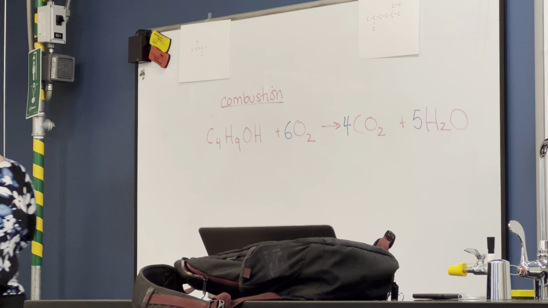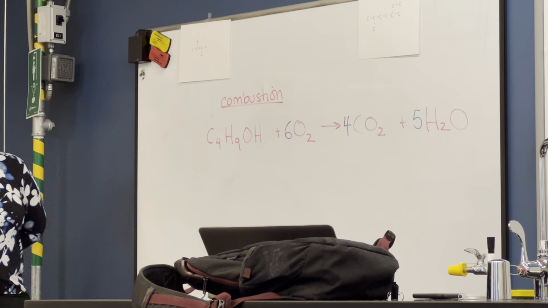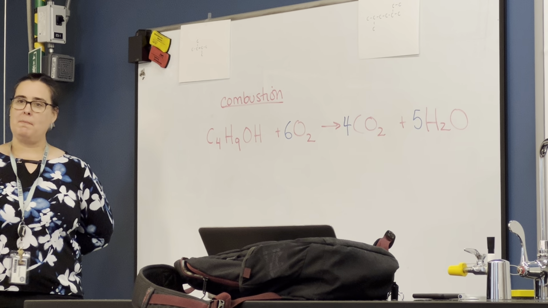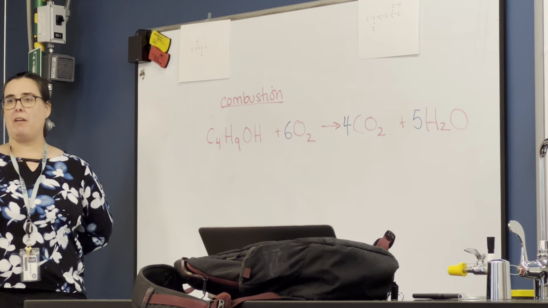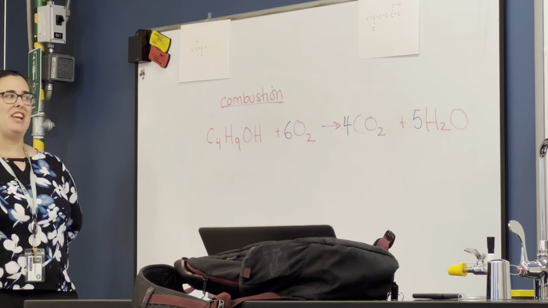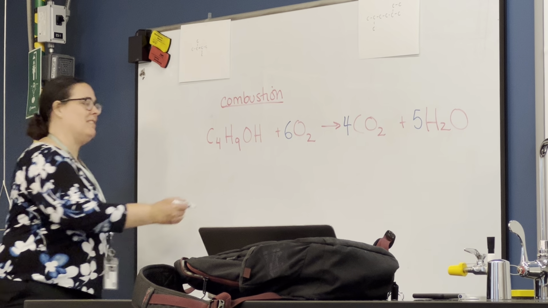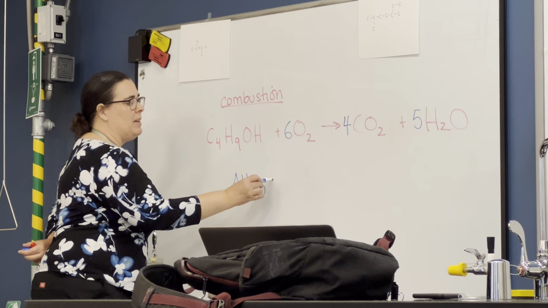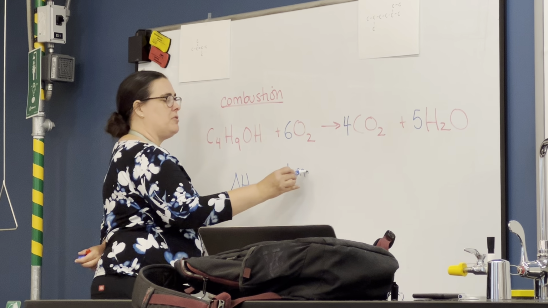In chapter 5, section 3, you learned that we could look at the bonds that were broken and the bonds that were formed, and combine the amount of energy required to determine the overall change in enthalpy of this reaction. So the delta H of any chemical reaction could be written as bonds broken minus bonds formed.